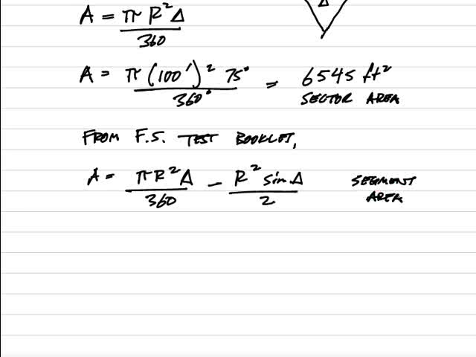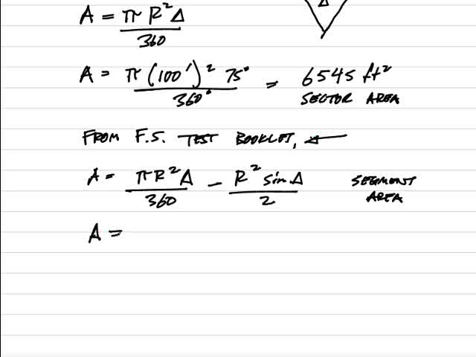So, moral of this story is make sure you are well versed in the contents of the available formulas and mathematical relationships given in the Fundamentals of Surveying test booklet. That'll be an important part of your studies.